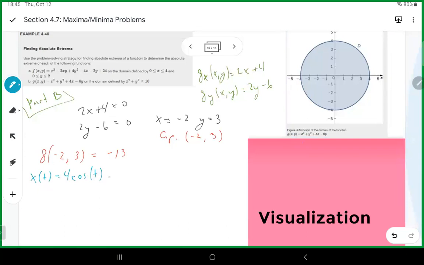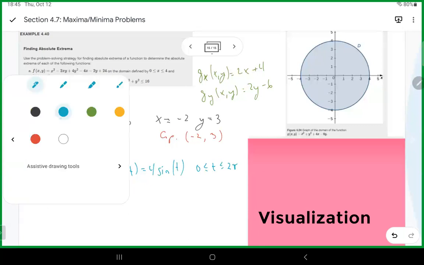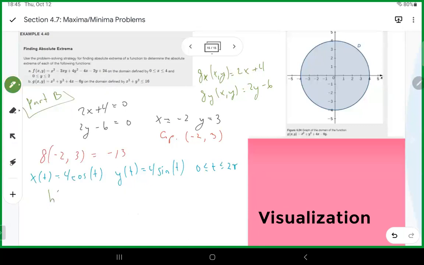We have y of t equal to 4 sine t. And that is for t between 0 and 2 pi. We also have h of t, and that's going to be g of x of t, y of t.